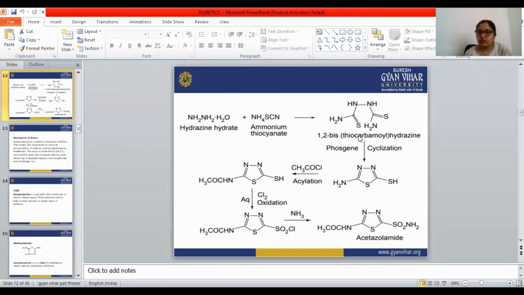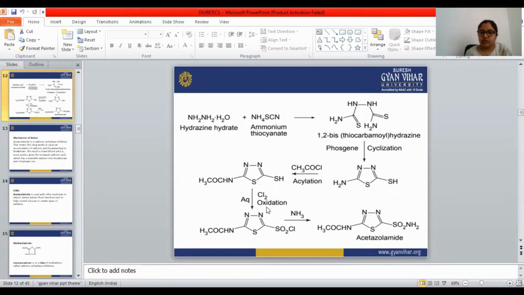After that, cyclization happens and this becomes a cyclic form. Then, when this is reacted with CH3COCl, H and HCl are removed from here, and the acetyl group connects to the N atom, forming this product.